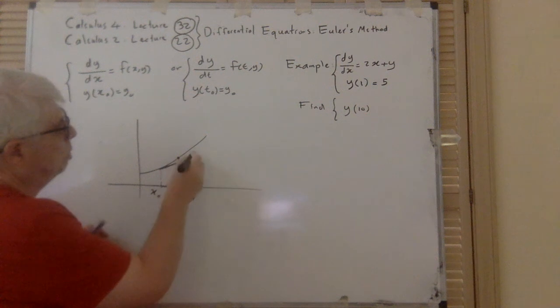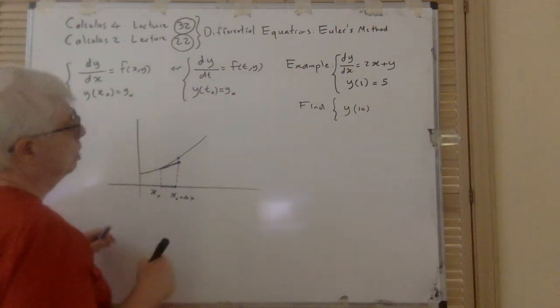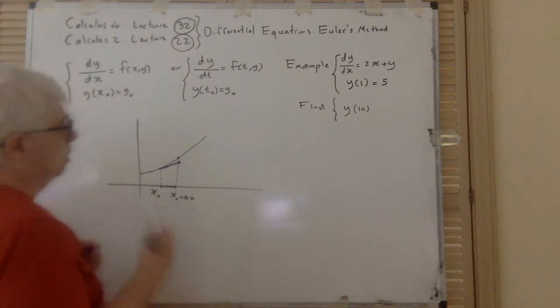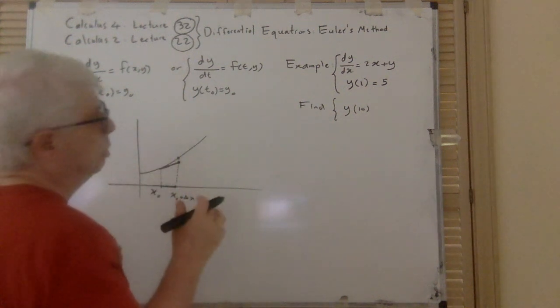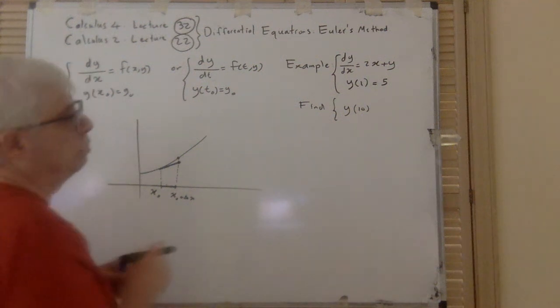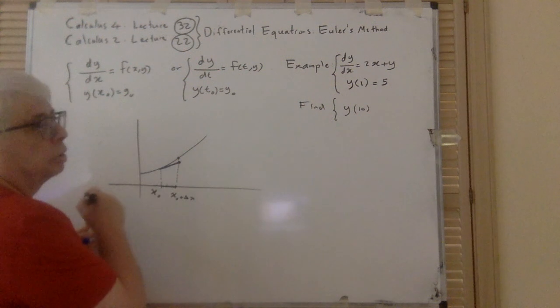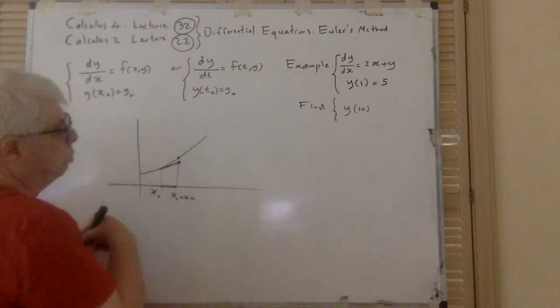Now I continue like this. So at this point again, remember this differential equation has its solution without the initial condition as a family of curves. So there's another solution that goes through this endpoint.